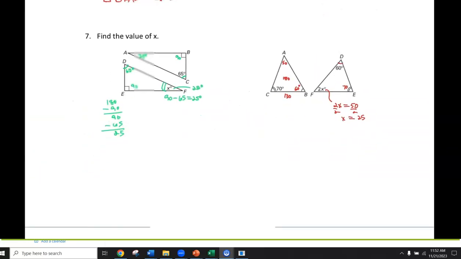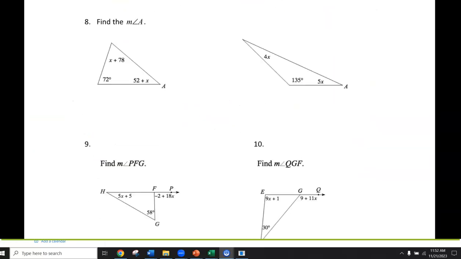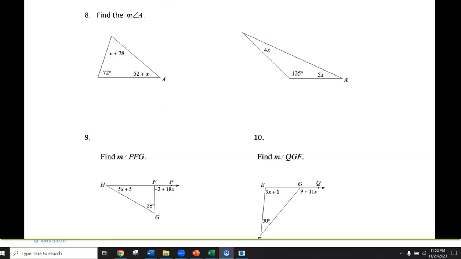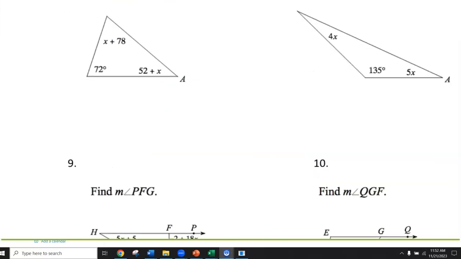Okay, so again, use your markings. All right, find the measure of angle A. Okay, this entire thing is angle A. So you have some options. I think I'll just do the angle sum theorem, and I'm going to say 72 plus x plus 78, that's the top angle, plus 52 plus x, that's angle A, has to equal 180.